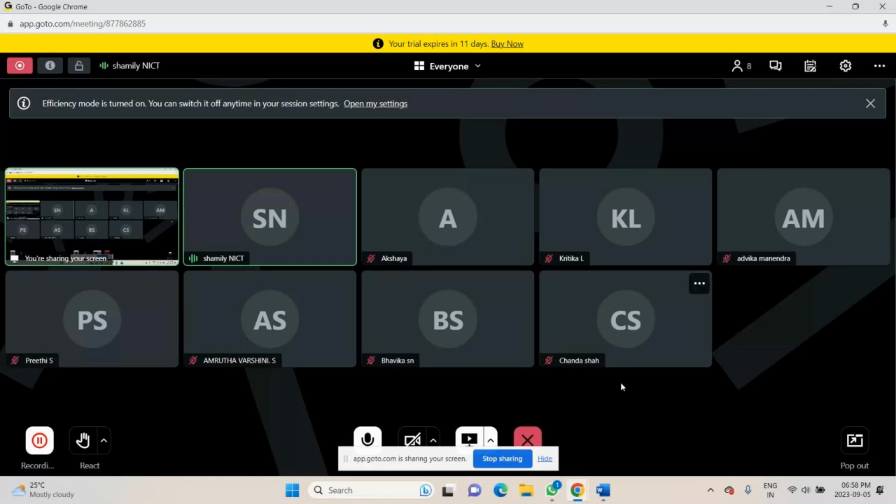Why do we have to prepare the trading account? Can someone answer me?